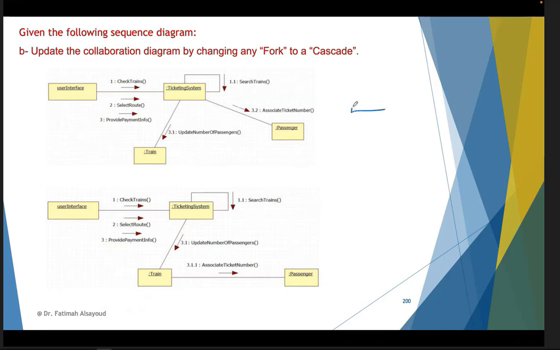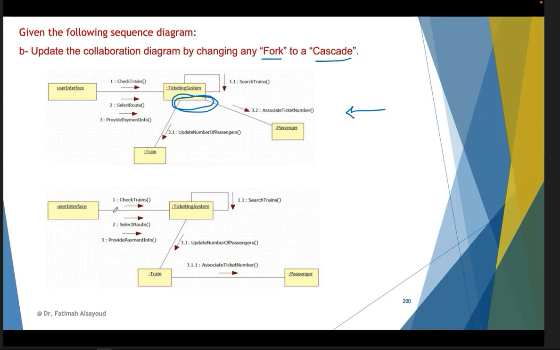I have a diagram, and it says update the collaboration diagram by changing any fork to cascade. فين عندي هنا fork؟ كيف أعرف إن هي fork؟ متى ما تشوفوا two associations coming from the same circle, that means you're having a fork.